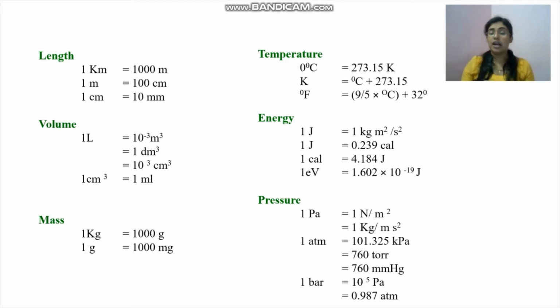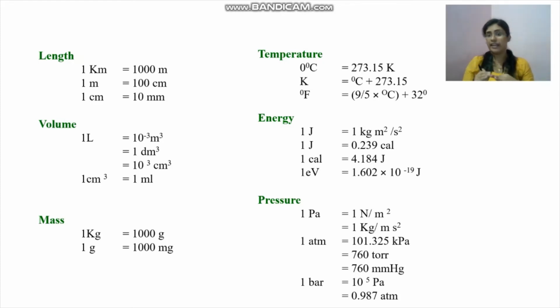Coming to the mass part, we have kg, gram, and milligram. 1 kg is 1000 gram, and 1 gram is 1000 milligram. Now we have temperature, which can be represented in Celsius, Kelvin, or Fahrenheit. The most commonly used ones are Celsius and Kelvin.